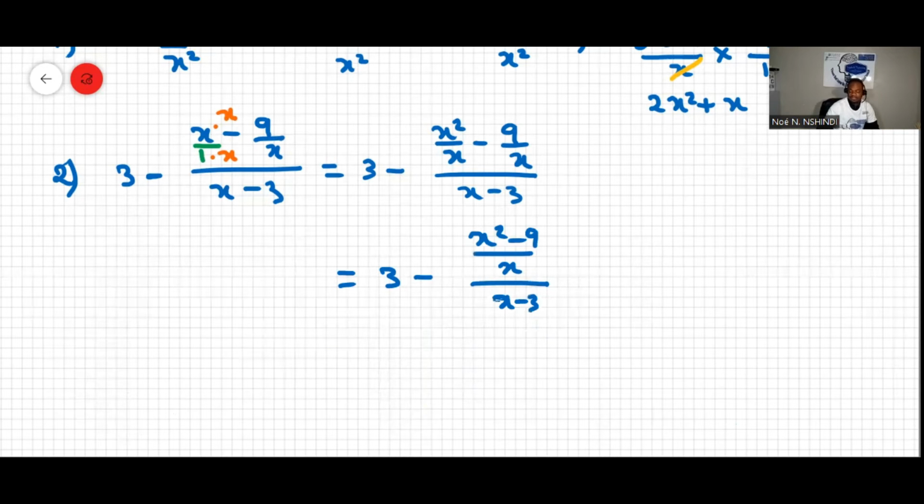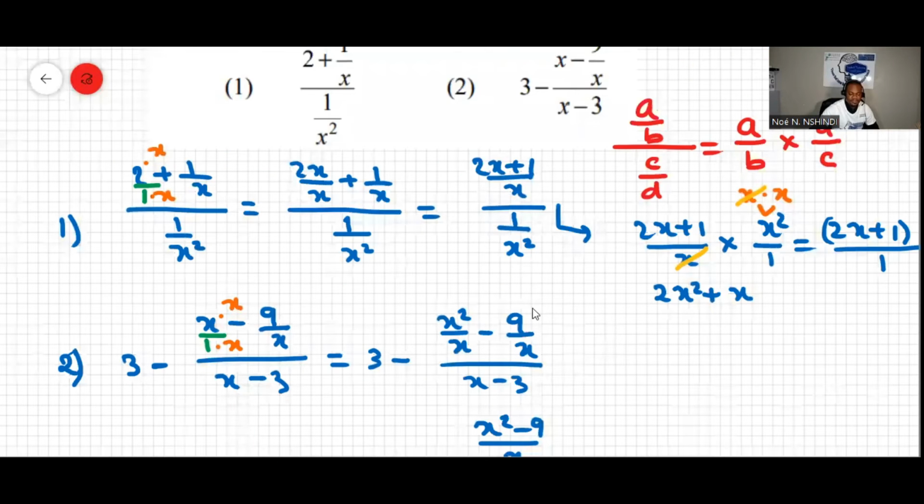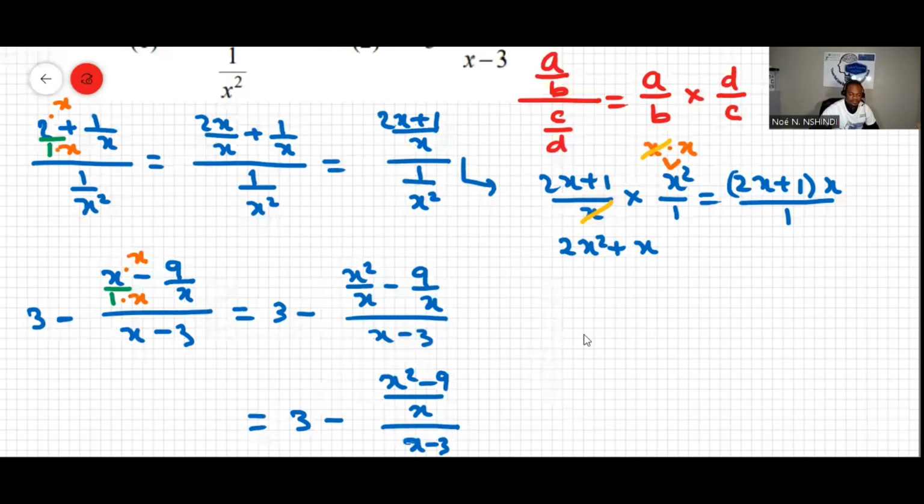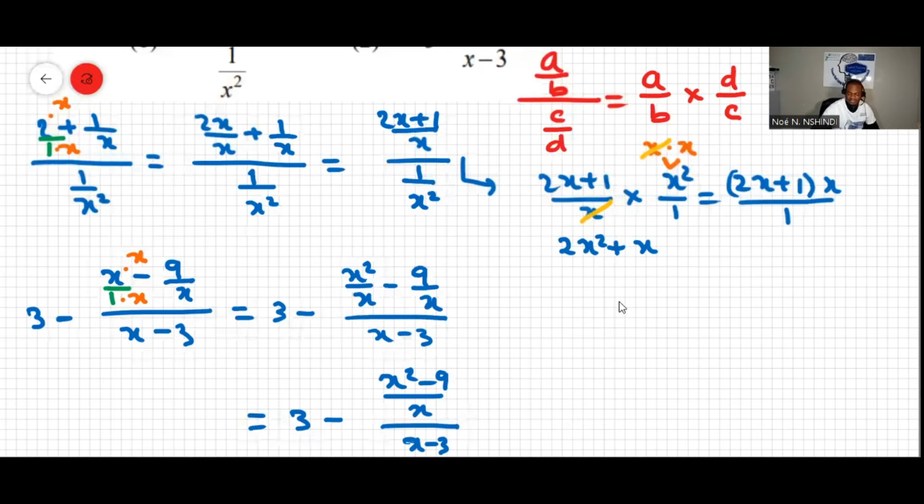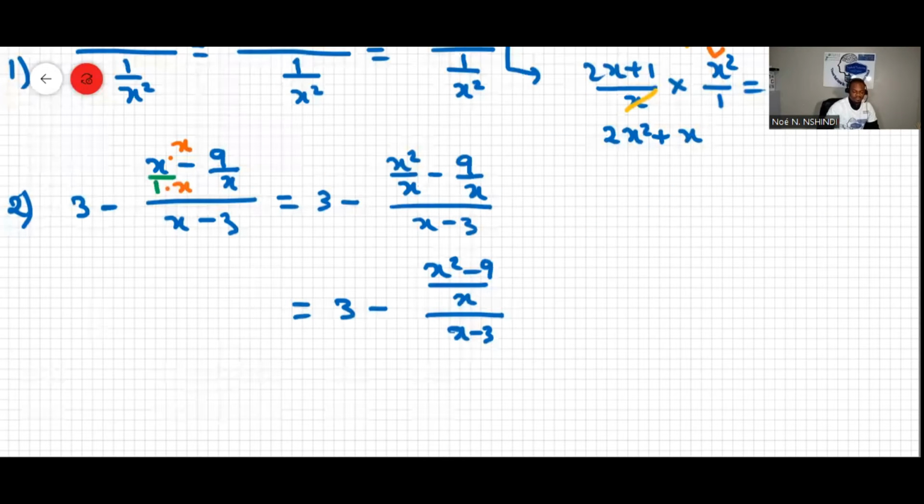Now we can apply that property we mentioned here. Understand that we have two fractions here. This is a fraction, and even this is a fraction because it has an invisible denominator of 1 there. So it will then be 3 minus x squared minus 9 over x, multiplied by 1 over x minus 3.